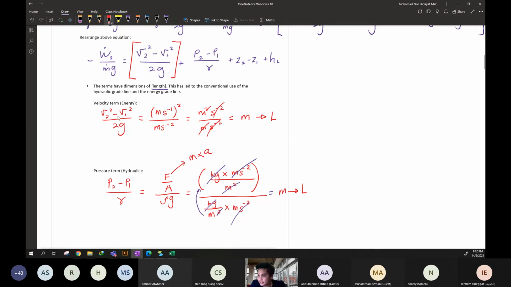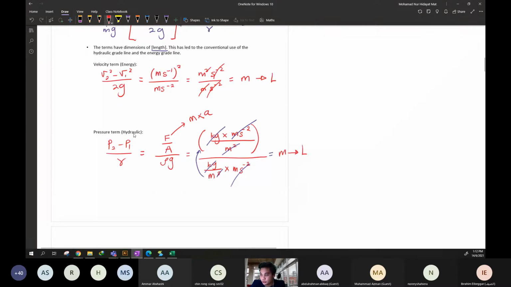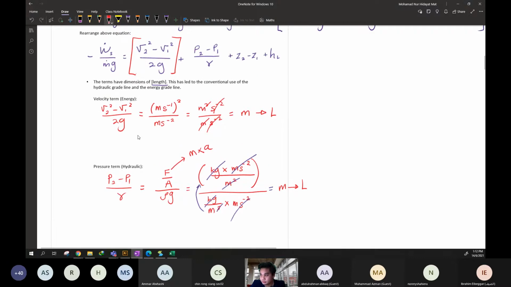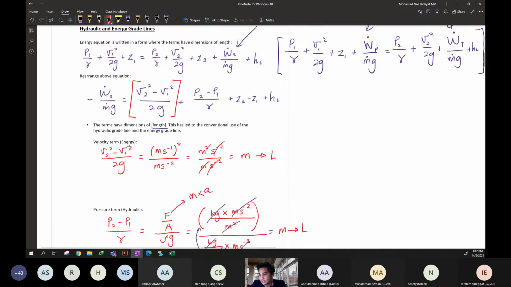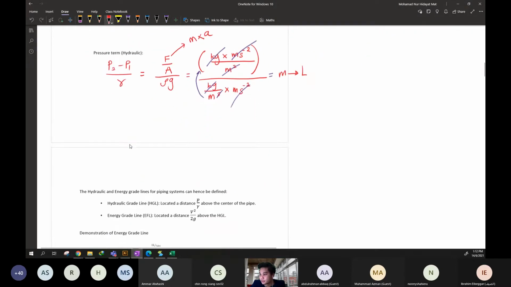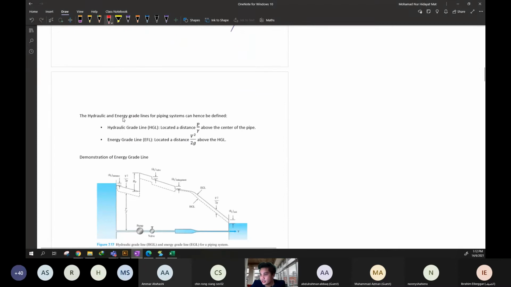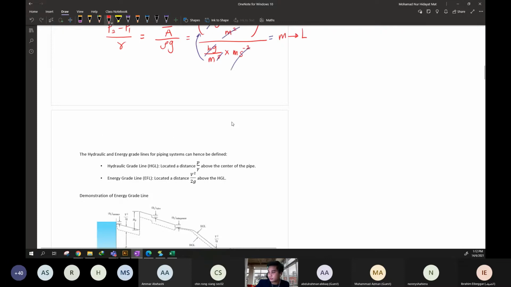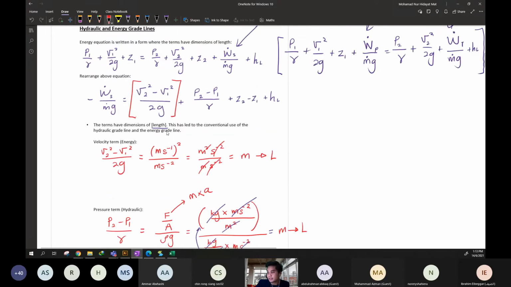So the velocity term, basically we call the energy, in terms of energy, all right? It is the unit of length. In terms of pressure, sometimes we call it hydraulic. The velocity term, we call the energy term. So the hydraulic and the energy grid line for piping system can hence be defined by, you can see here, the terms have the dimension of length.